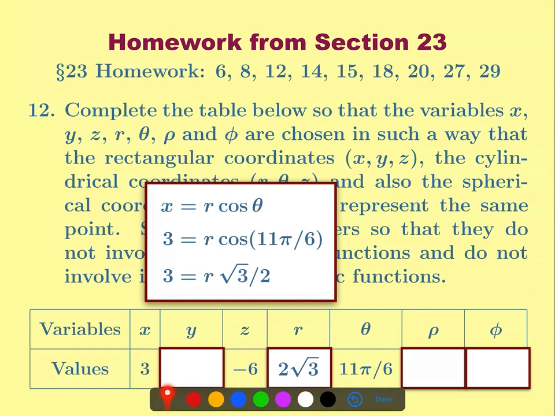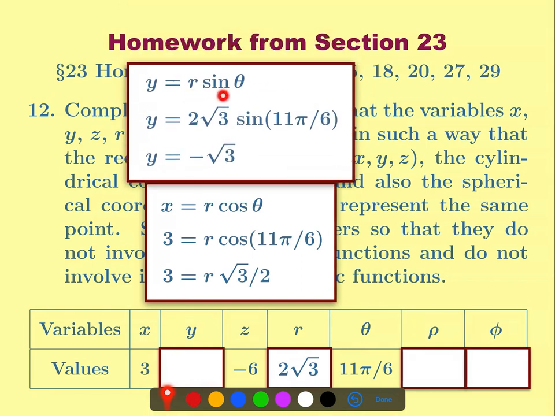Now, what should we go for next? Y? Well, that sounds good. Let's figure out what y is. We can do y now because we have y equals r sine theta, and we know what r and theta are.